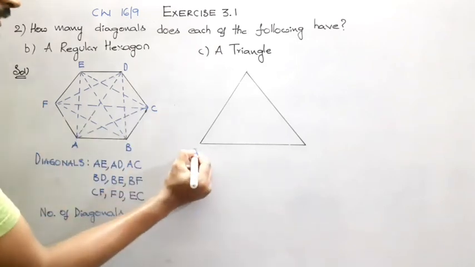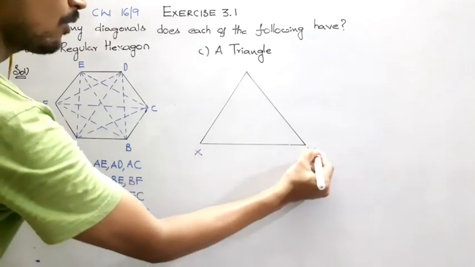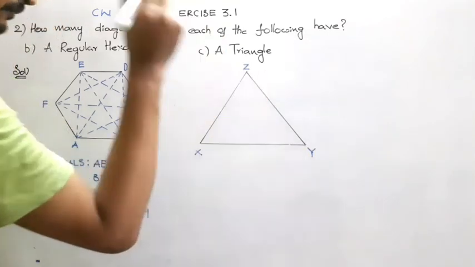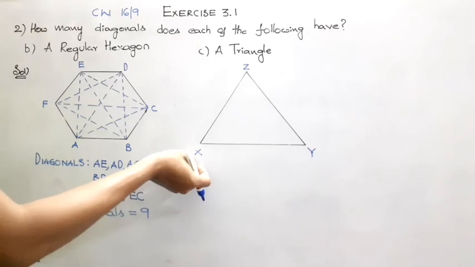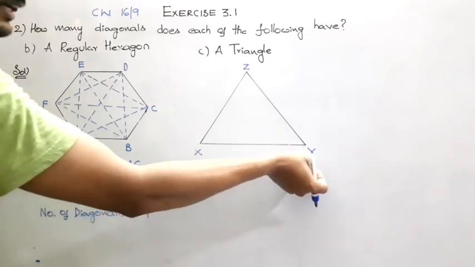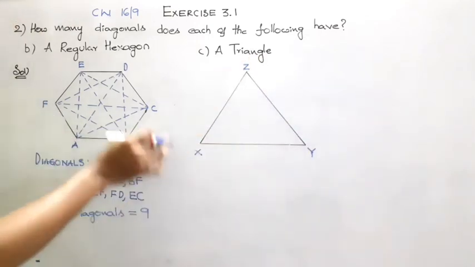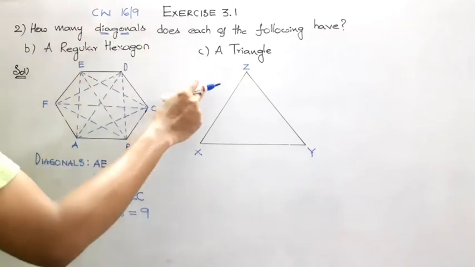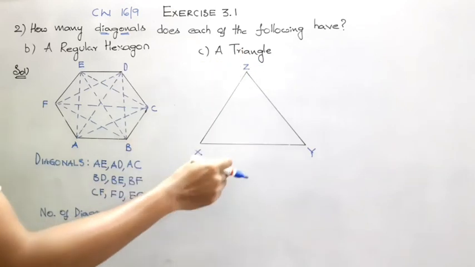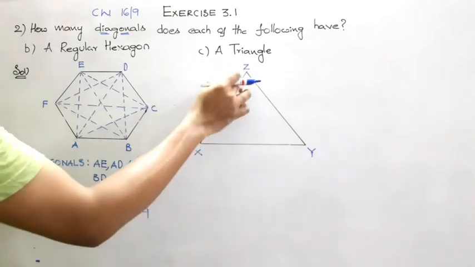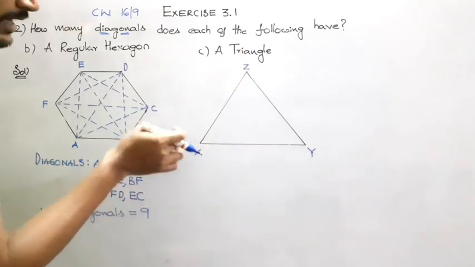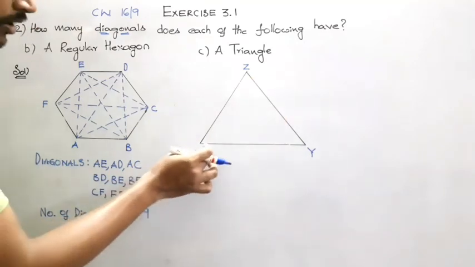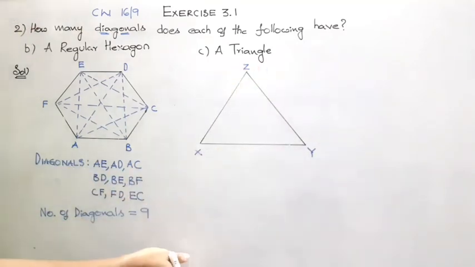Let us mark this triangle as triangle XYZ: the vertex X, the vertex Y and the vertex Z. According to the definition, a diagonal is a line segment that joins the opposite vertices. But is there any chance of joining X and any other vertex? Already X, Y, Z are interconnected.